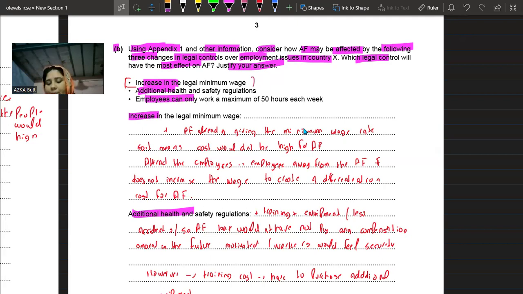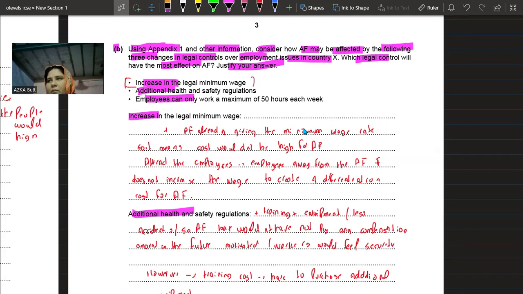And one thing more, because the AF is already paying above the legal minimum wage, and now because this is a regulation, it means that the other businesses are doing the same thing. Other businesses will start increasing the minimum wage for the laborers.